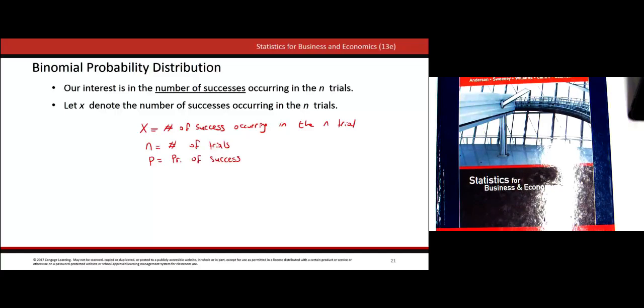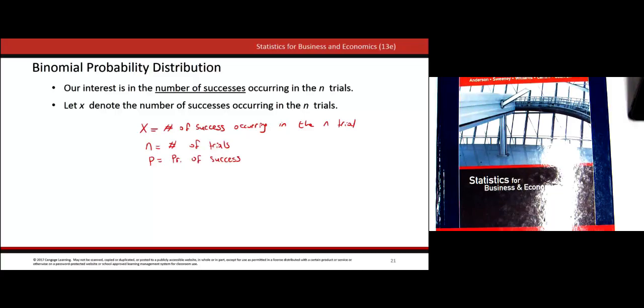For example, you toss a coin 5 times. What's the probability of getting exactly 2 heads? So this means if a coin is head, it is considered success. If it is tail, it is considered failure. Is this a binomial experiment? Do we have n identical trials? Yes, we have 5 tosses, identical trials.